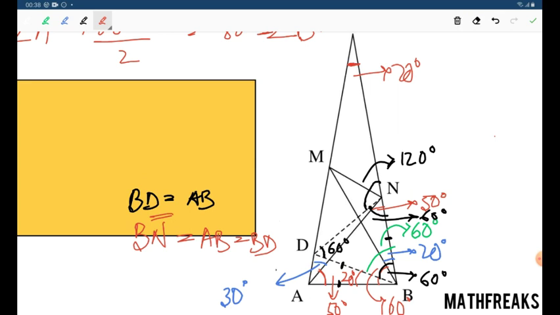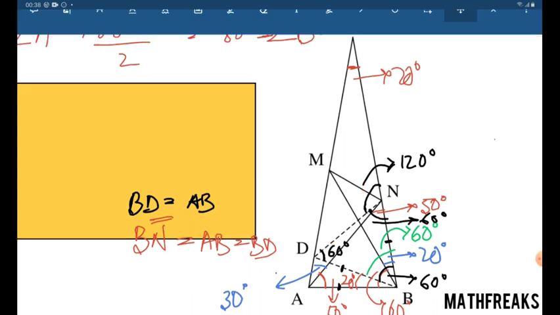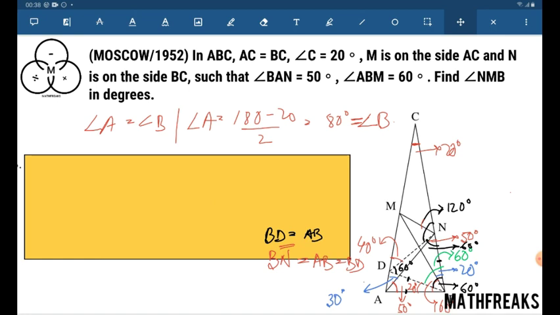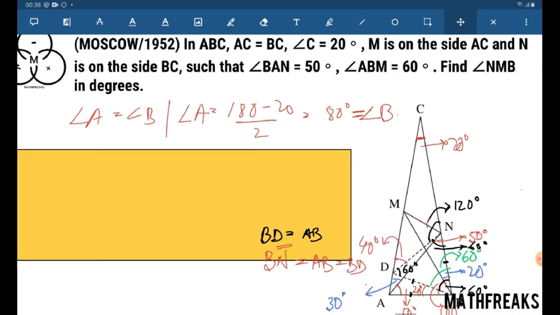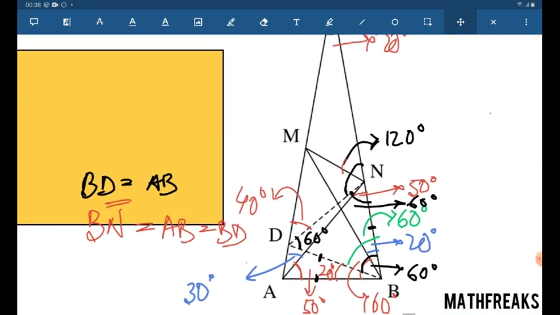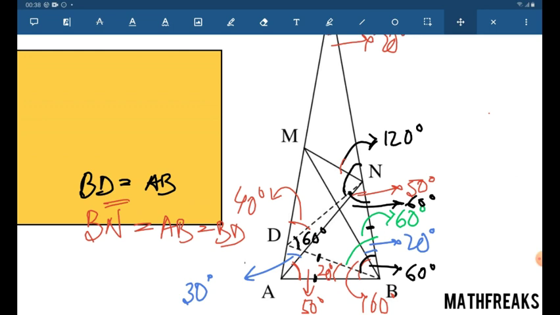This angle is 20 degrees, this is 120 degree, so this angle is going to be 40 degree. 20 plus 120 is 140, 180 minus 140 is 40 degrees. Now which angle do we need to find? NMB.